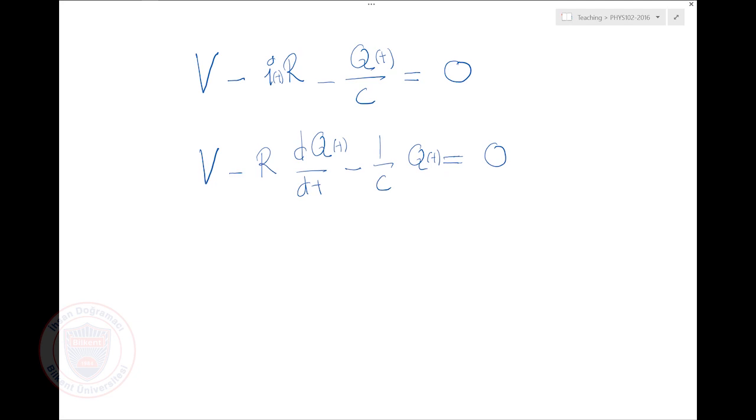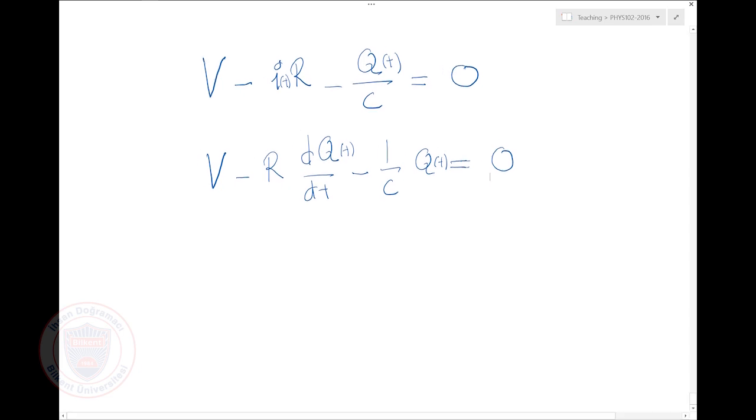Now this looks like a little bit harder differential equation. But in effect it's not. I'll just do a change of variables. Okay, maybe first let me write it in another way.